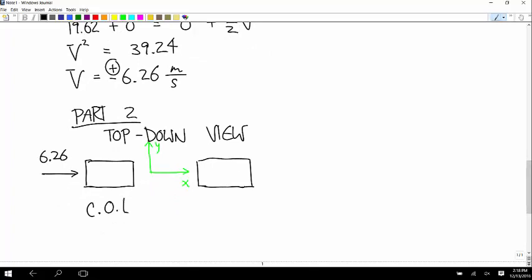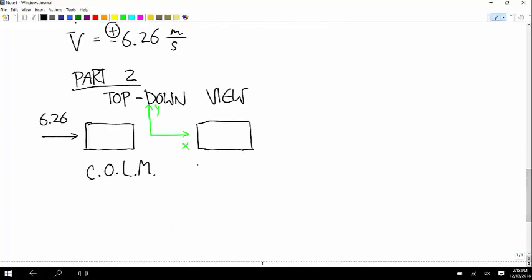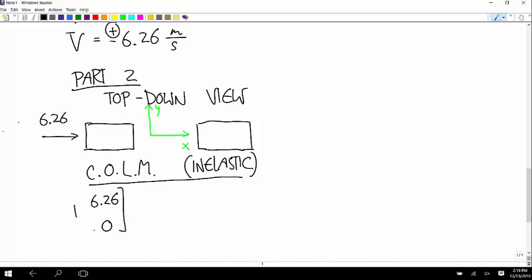And conservation of linear momentum for an inelastic case means that after the collision, they're going to have the same velocity. The linear momentum of the 1 kilogram cart before the collision is the mass of 1 times 6.26 in the positive x direction and 0 for y.